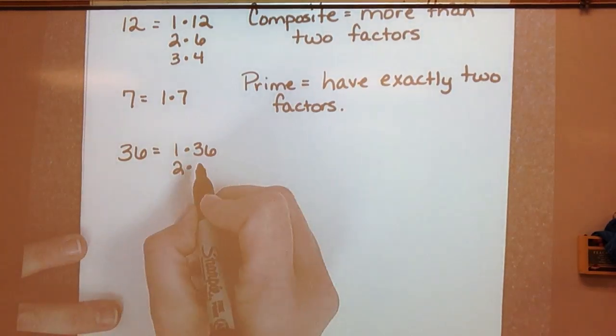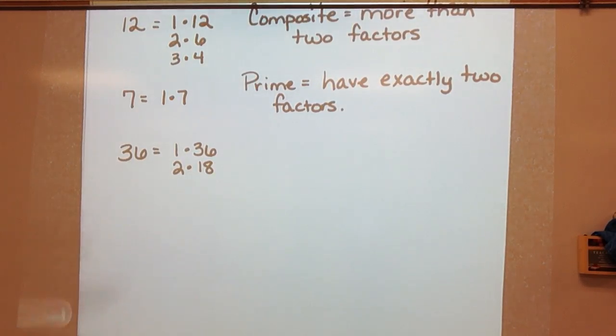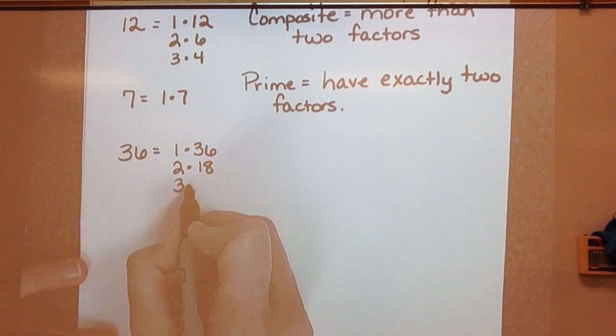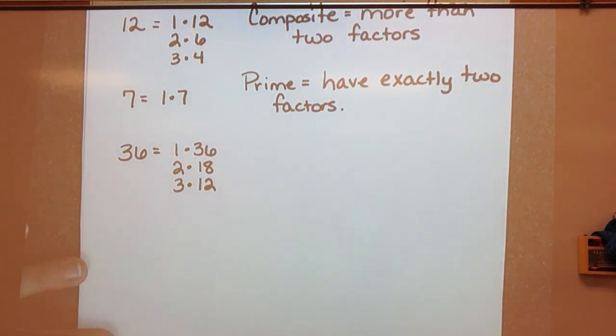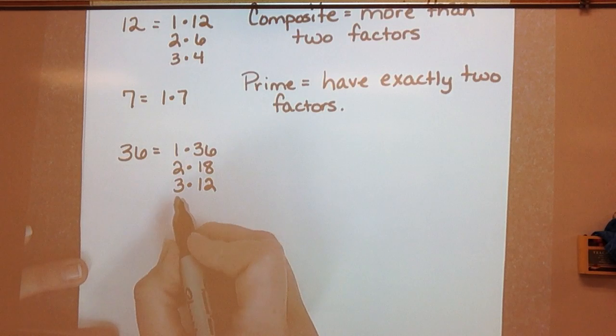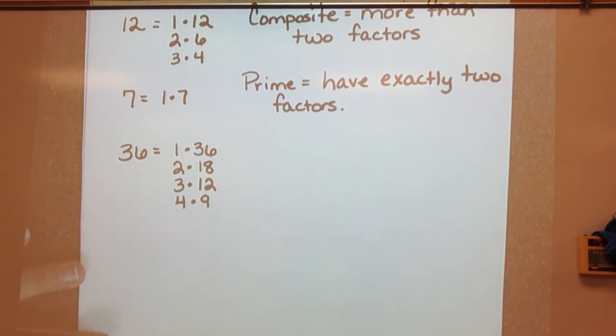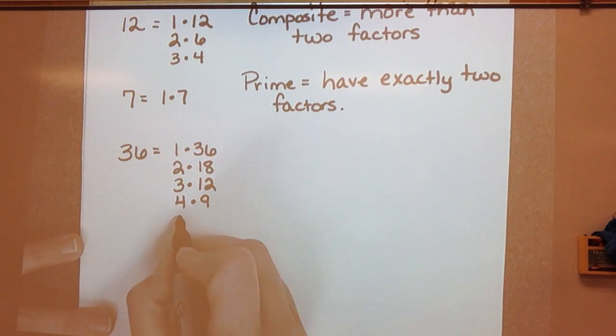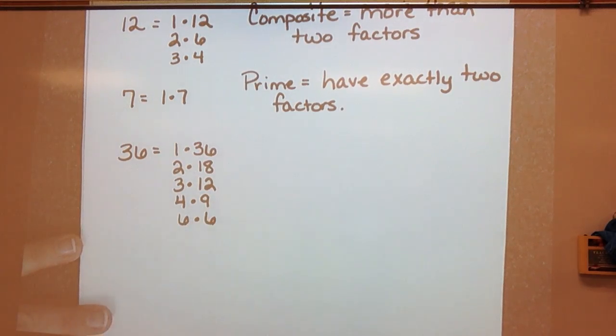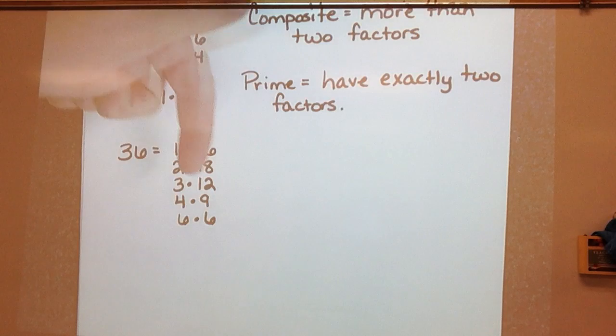Alright, so 2 times 18 is 36. Alright, 3 times 12 is 36. 4 times 9. I just run through my numbers. 5 won't go into it. Alright, 6 will. So I have 6 times 6.